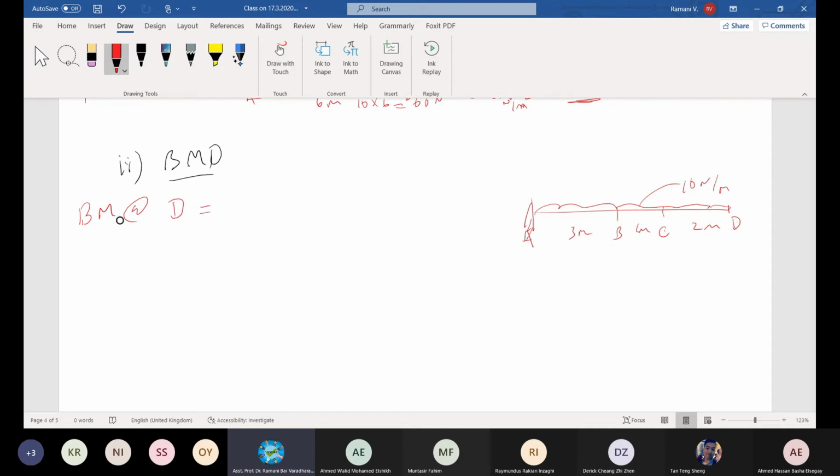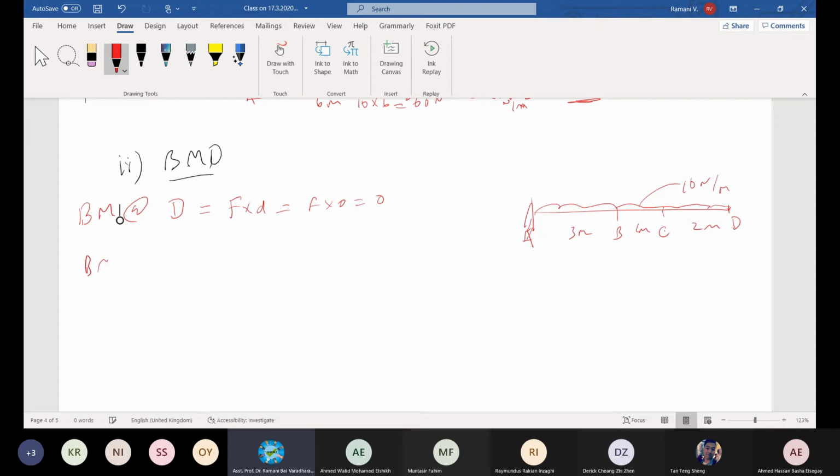Anybody? Exactly at D. Okay, better you keep writing formulas. Very good. Force into distance. Exactly at D it is 0, because force into distance at D is, force is there, it's just started, but distance at D is 0, right? F into 0 is equal to 0.